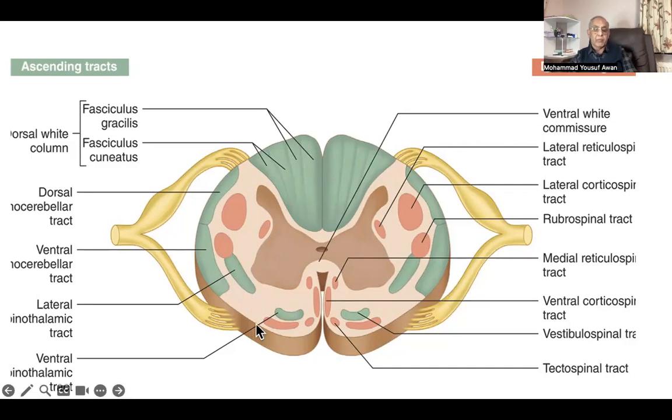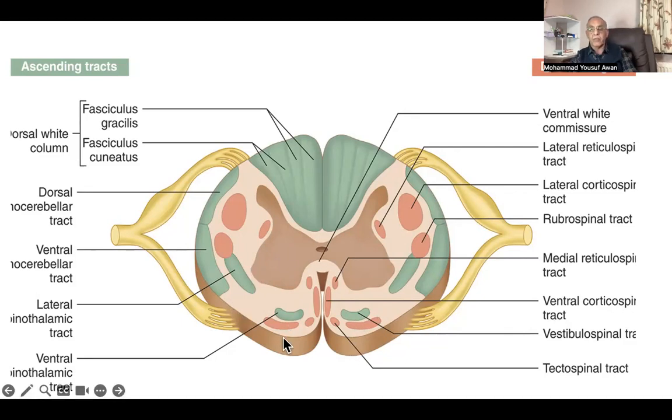The ventral spinothalamic tract is again touch, temperature, and pain. The lateral spinothalamic tract carries touch, temperature, and pain, and the pyramidal tract will cause muscle weakness and upper motor neuron signs.